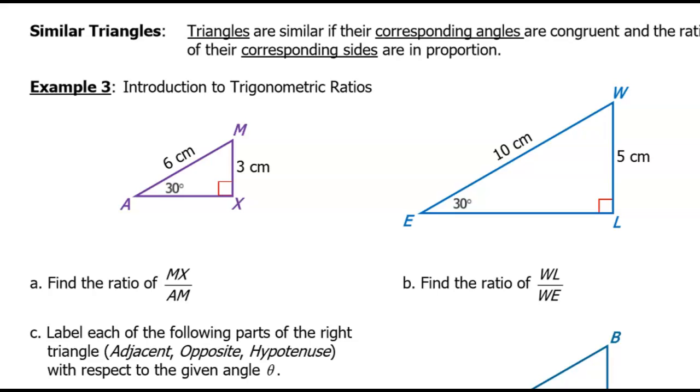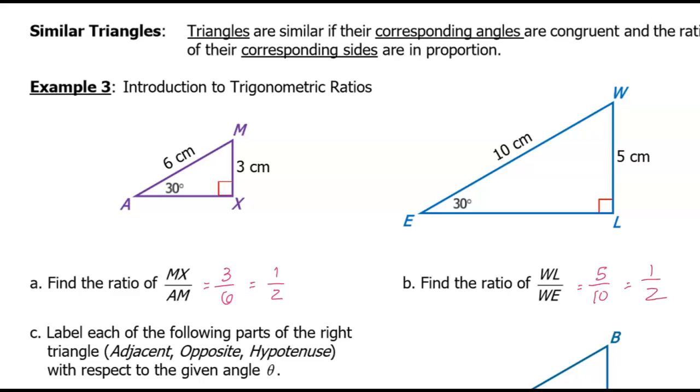So here, if I'm trying to find the ratio of MX to AM, what do I get? Which simplifies to 1/2. I have found the ratio comparing those two sides. What about WL over WE? 5 over 10, which simplifies to?